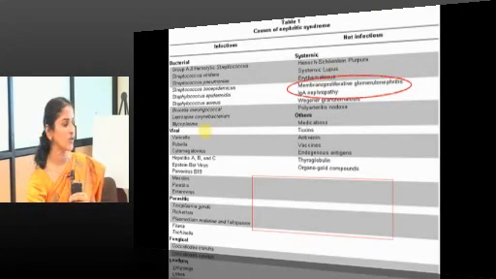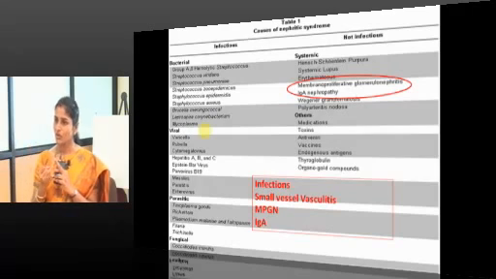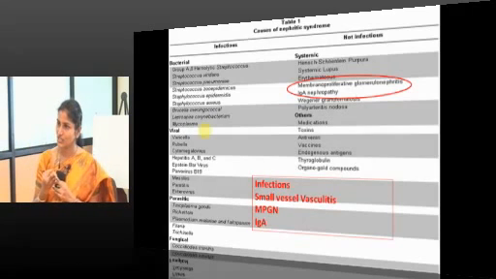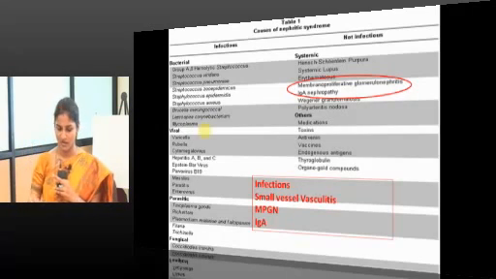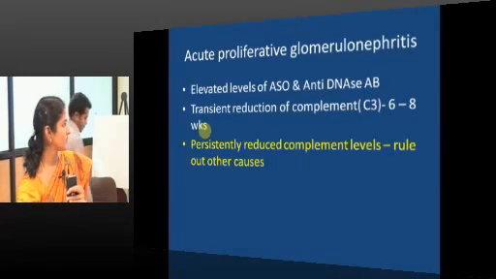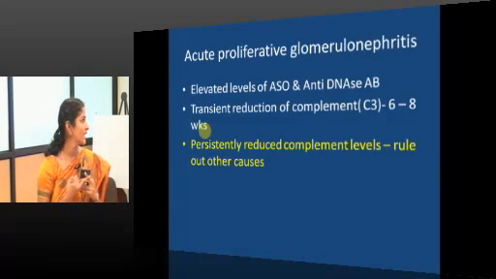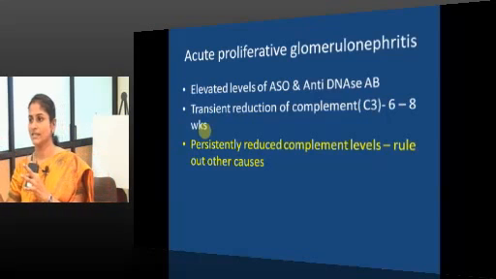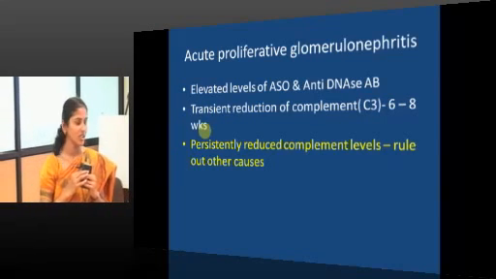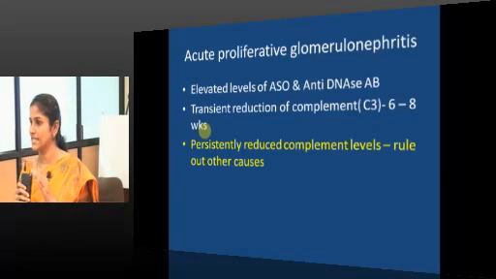The causes of nephritic syndrome include, in short, infections, small vessel vasculitis, MPGN and IgA nephropathy. These are the 4 common causes of nephritic syndrome. There are elevated levels of anti-streptolysin O and anti-DNase, fixing the cause as streptococcus, and there will be transient reduction of complement because it also involves IgM, which is a complement fixing antibody.